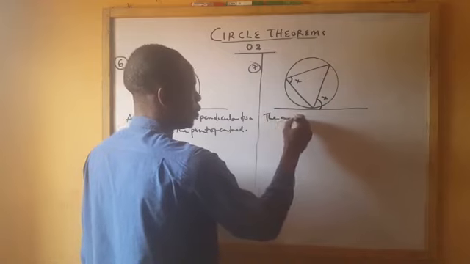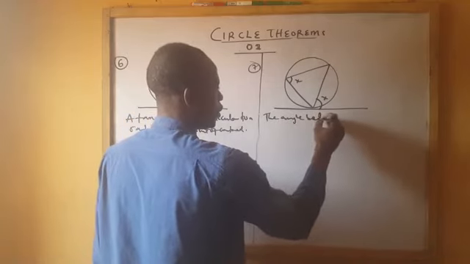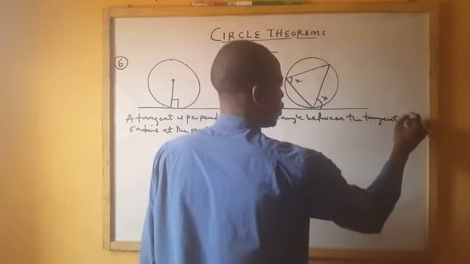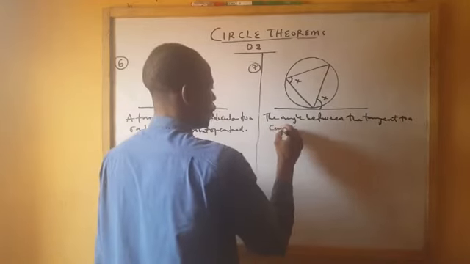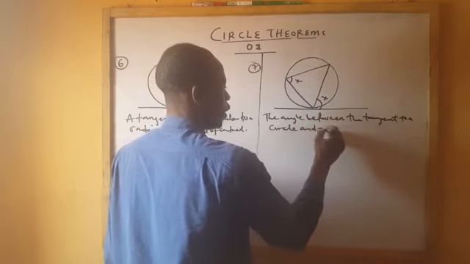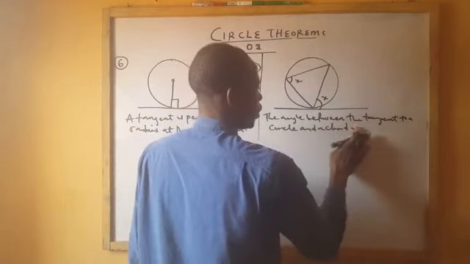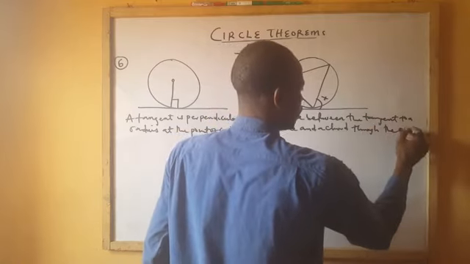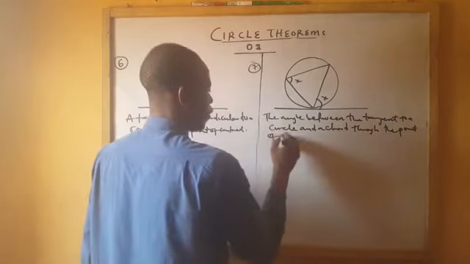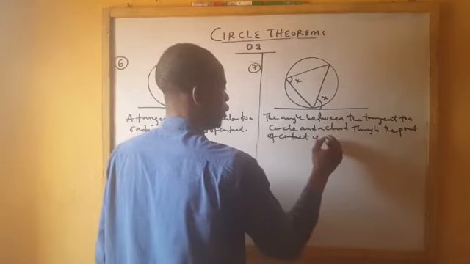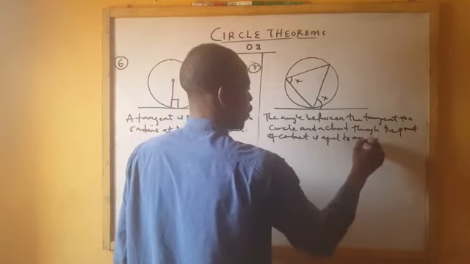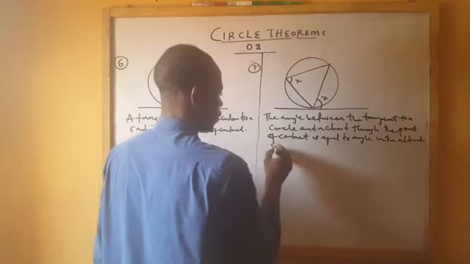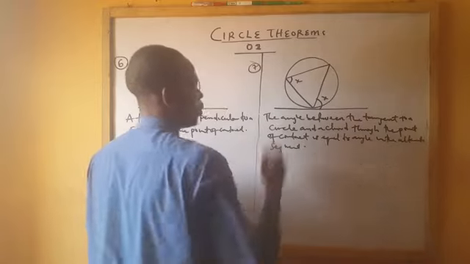The angle between the tangent to a circle and a chord through the point of contact is equal to the angle in the alternate segment. So that is what the 7th theorem is all about.